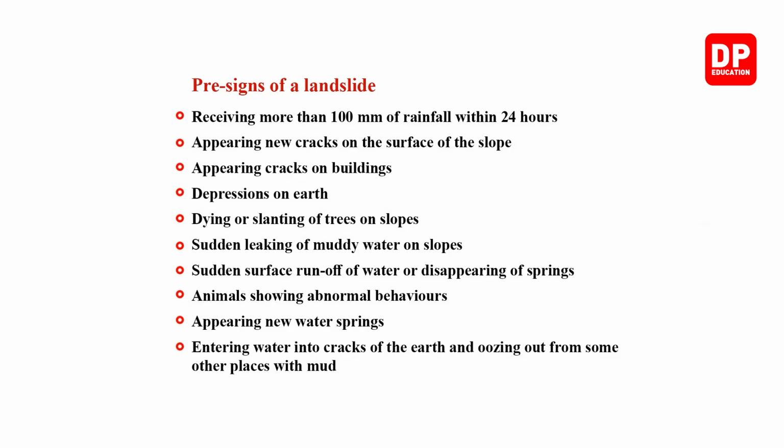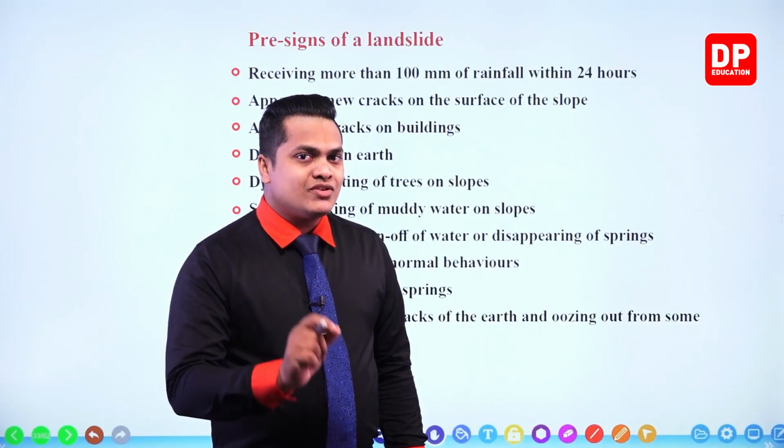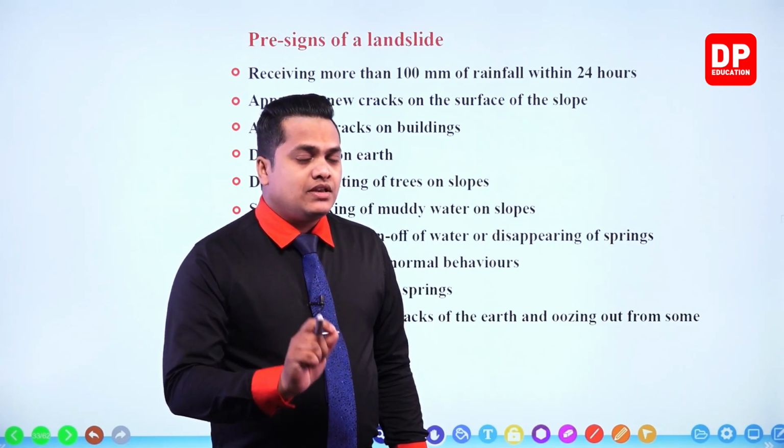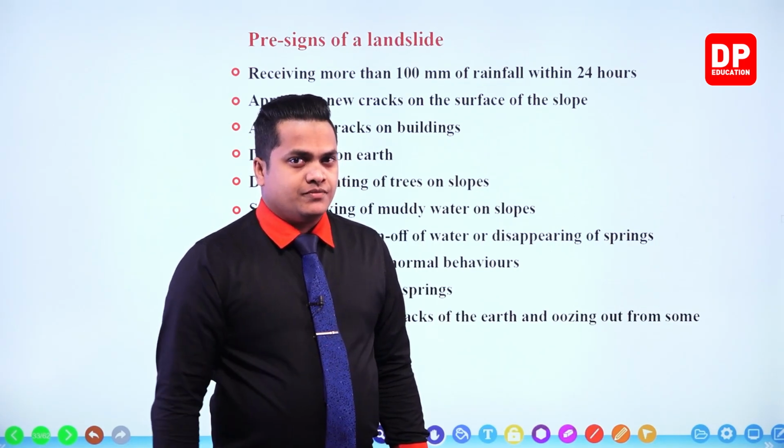Depressions on the earth. Sometimes several depressions can be observed on the living land, right? These depressions on the land also give us an idea that there is going to be a landslide in the near future.